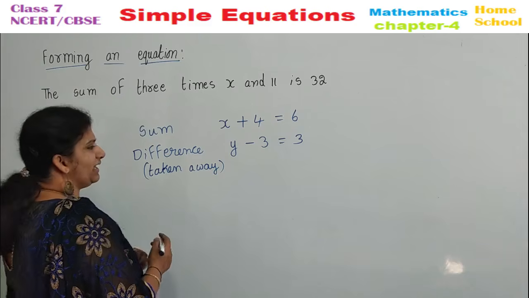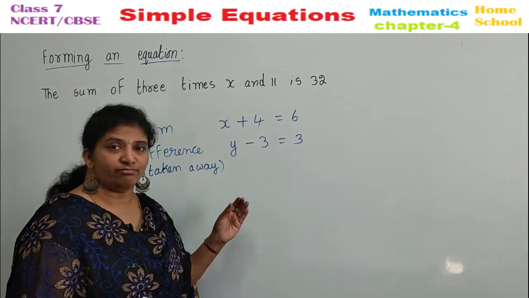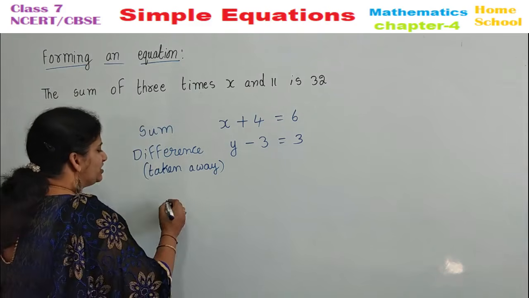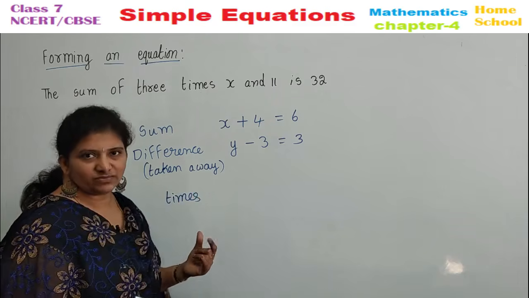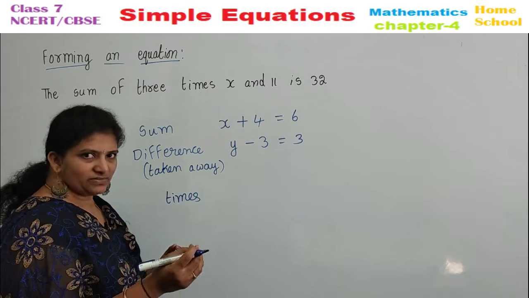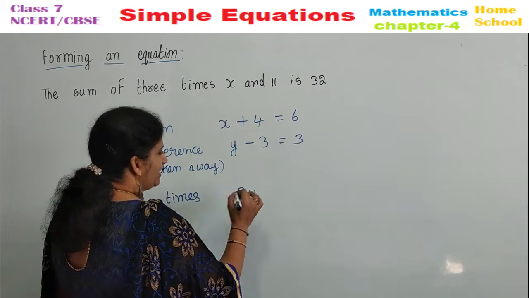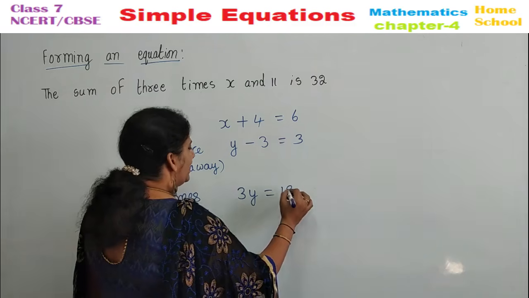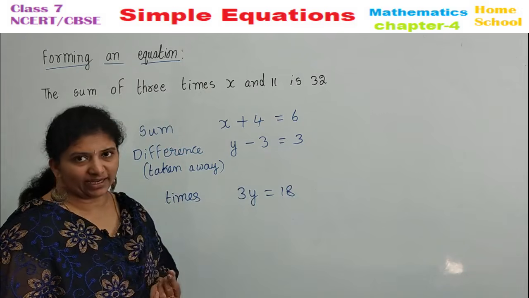Similarly, multiplication. We write the equations of multiplication. How can we write here? In multiplication, we use the word times. 3 times y means 3y is equal to 18. 3 times y is equal to 18.